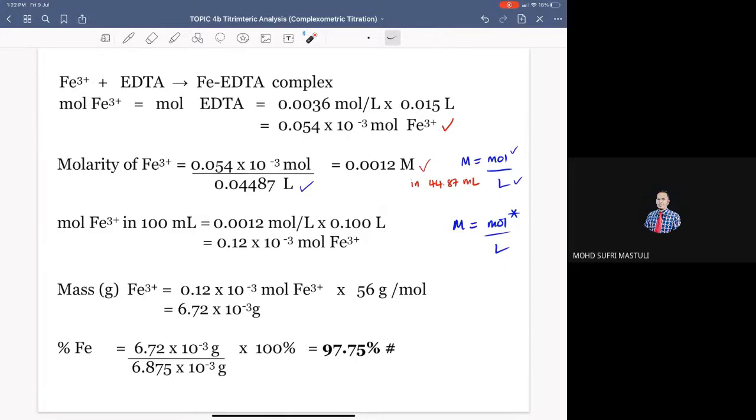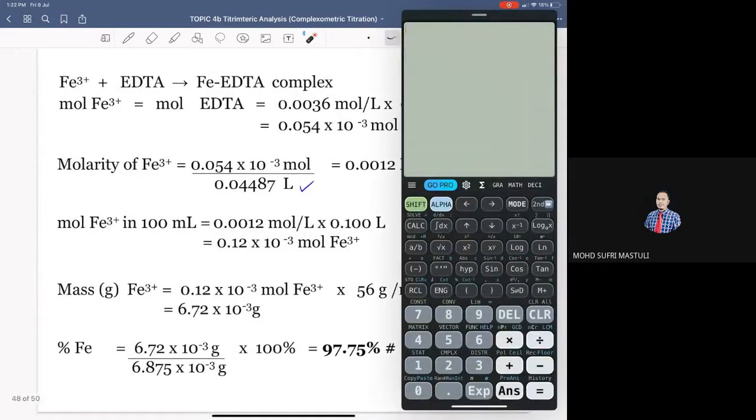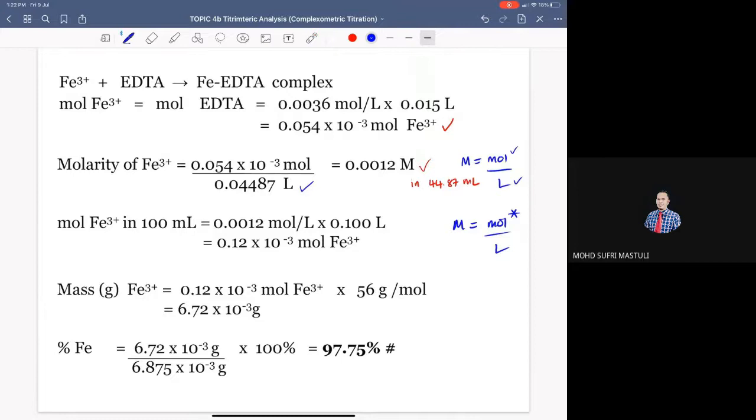So 0.0012 times 0.1 gives 0.12 times 10 to the power minus 3.